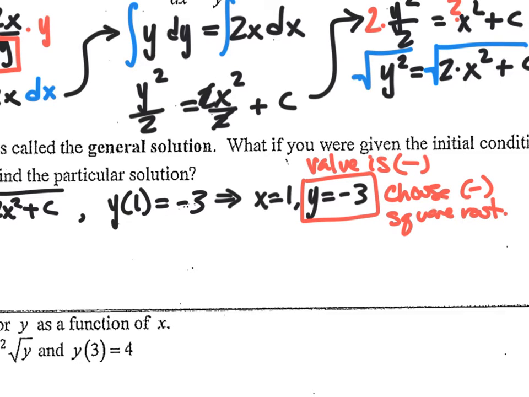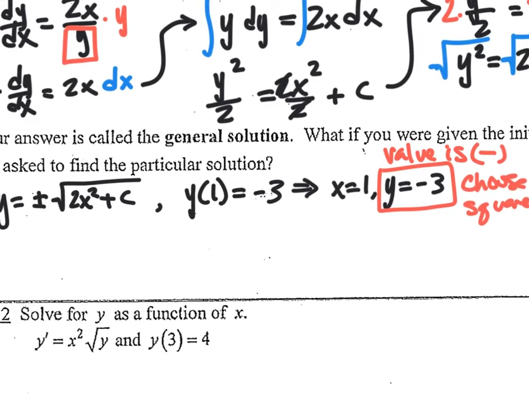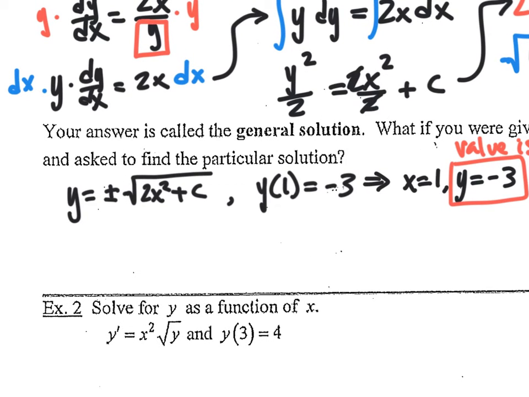And so I'm going to come over here, and because my y value here is negative, I'm going to choose the negative square root. So once I do that, I get y is equal to negative square root of 2x squared plus c. And now I'm going to plug in negative 3 for y, and I'm going to plug in 1 for x, and that's going to allow me to solve for c.